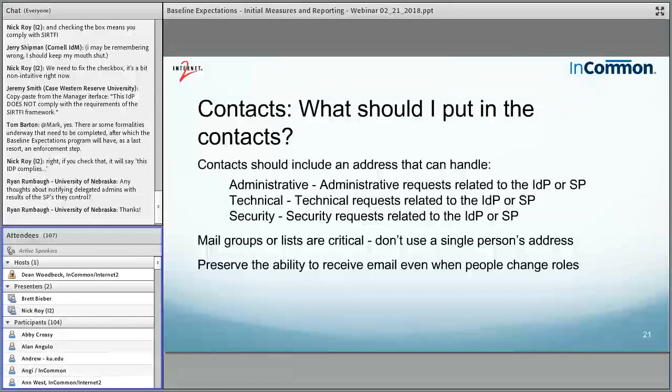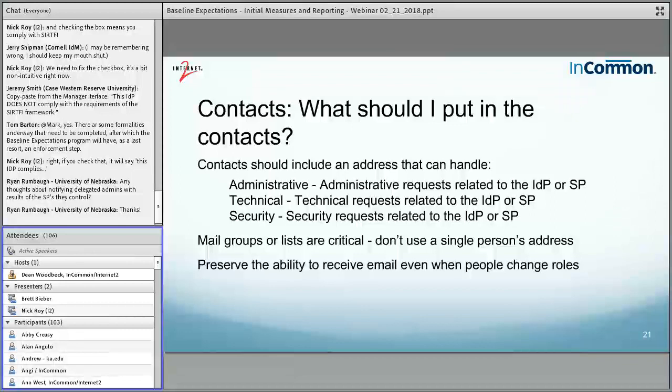If I have a technical issue, say I need to do key rollover, I need to know who to contact that can help me with that, maybe out of band, if I've got an emergency situation or something like that. And then security contacts: if I need to report a security incident or inquire about something that I see that might be suspicious, who do I get in contact with?